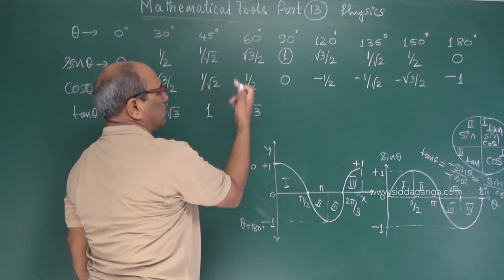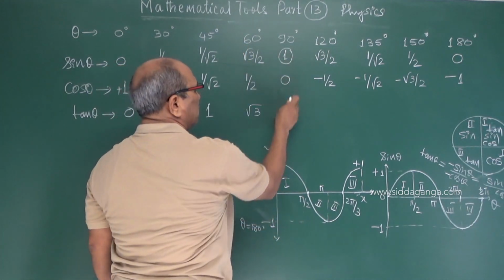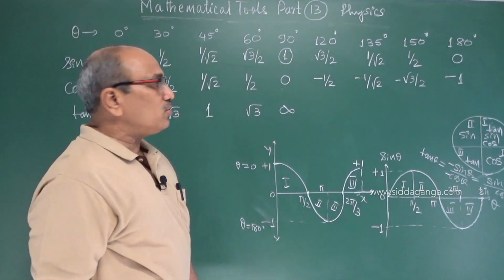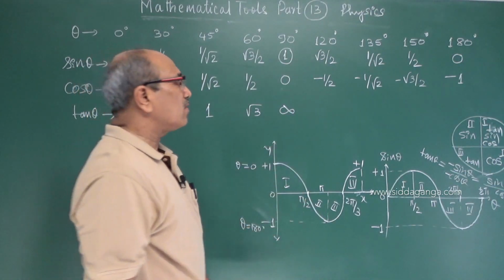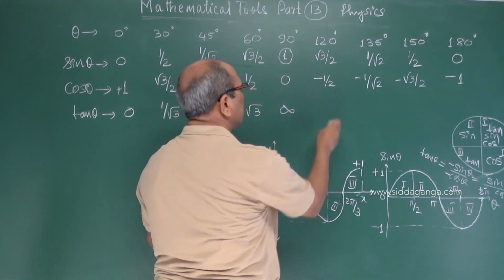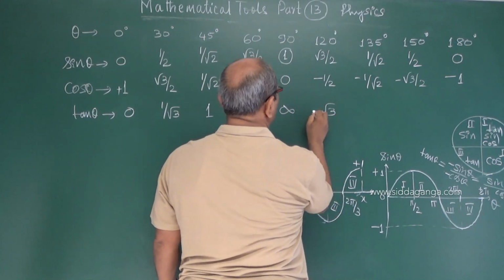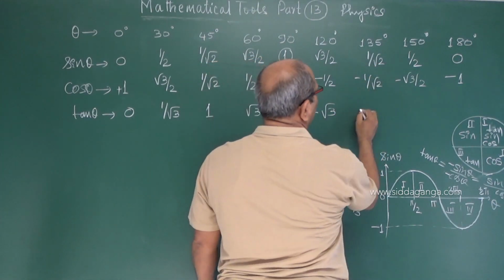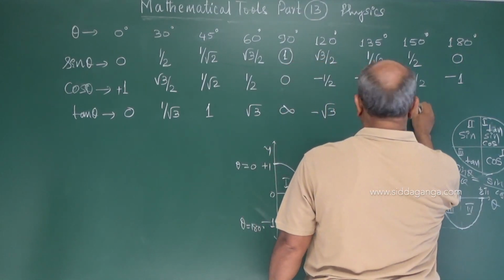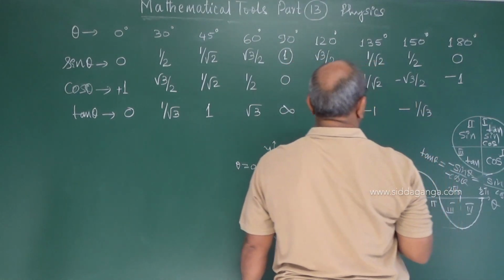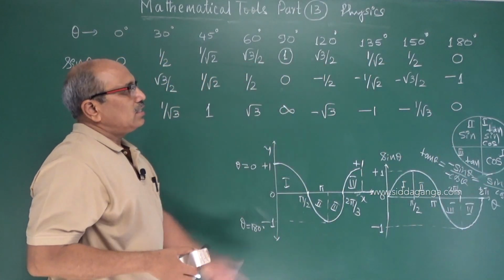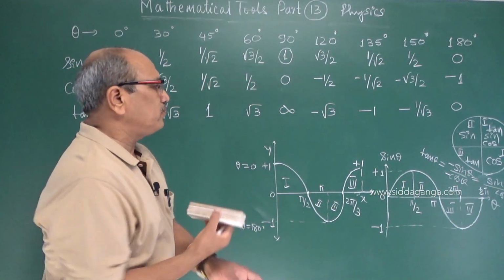Dividing sine by cos here, we have 1 by 0. Anything divided by 0, the term rises to infinity. Similarly, root 3 by 2 over minus half is minus root 3. Again it is minus 1. And again it is minus 1 by root 3. And 0. 0 by anything is 0.